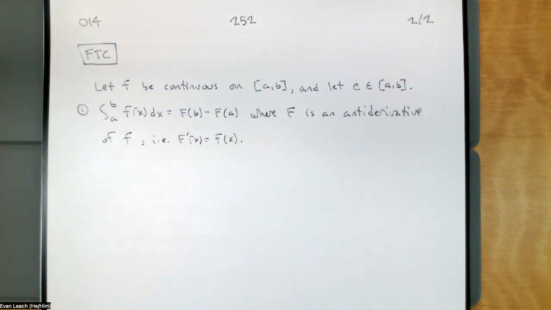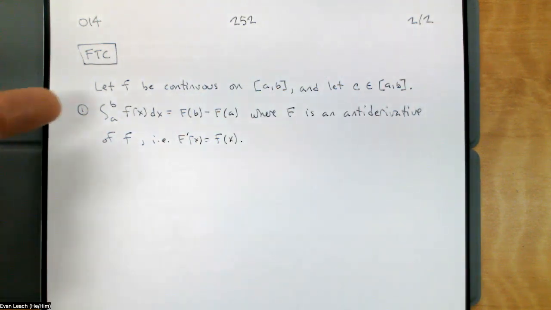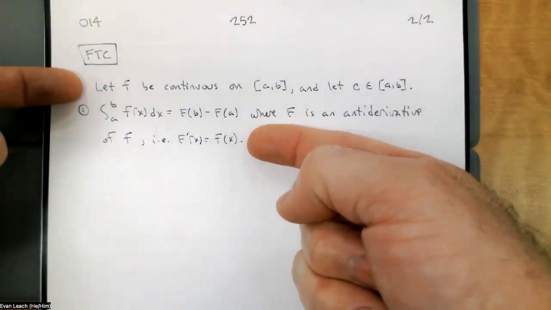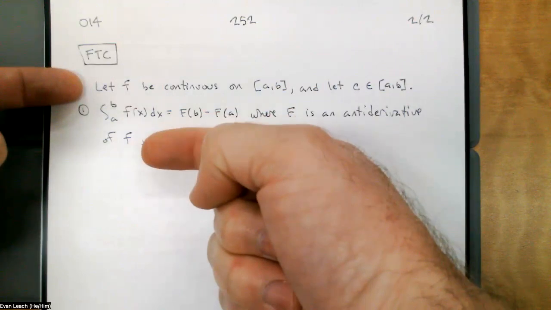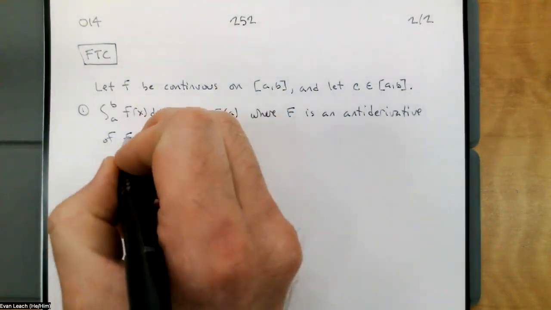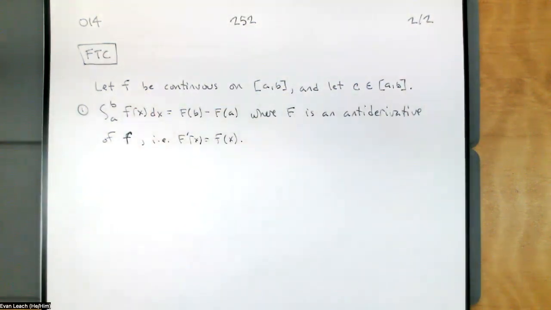If you want to state the first part of the fundamental theorem of calculus, you first have to tell us what we're dealing with, and then you have to tell us what you want to conclude. It involves all of this. You can kind of leave off this part. You can just say capital F is an antiderivative of little f. What this part of the fundamental theorem of calculus says is that you can calculate a definite integral using an antiderivative.